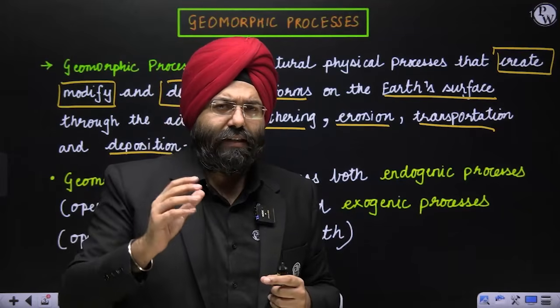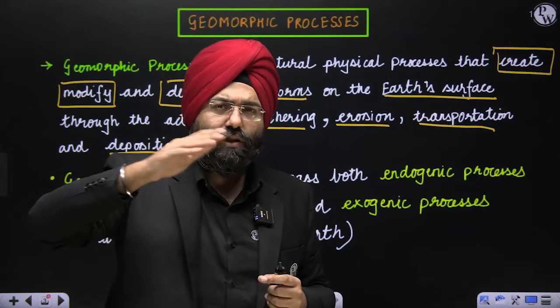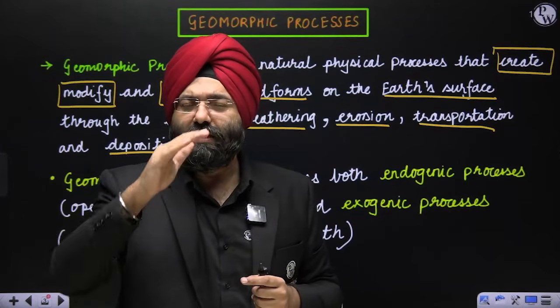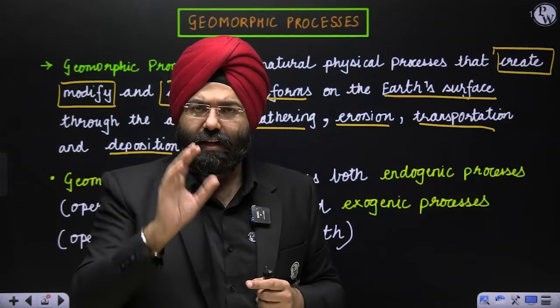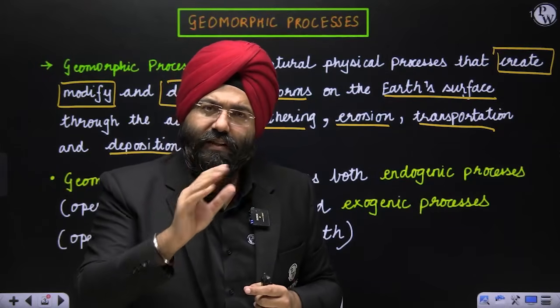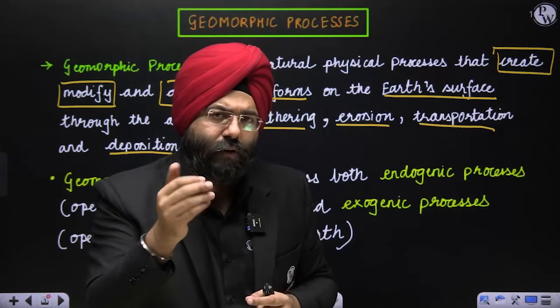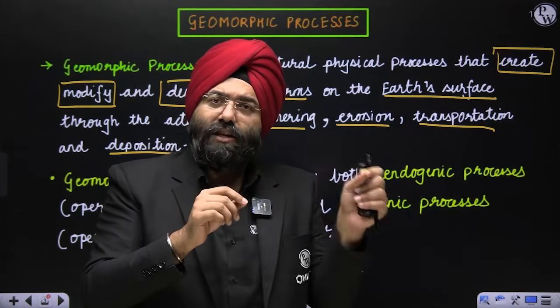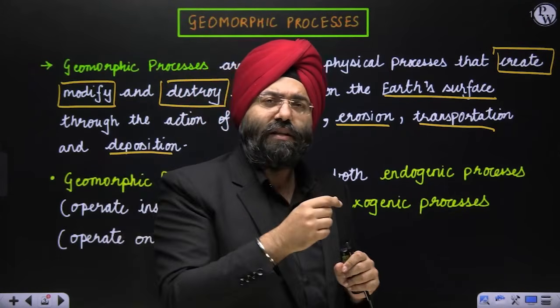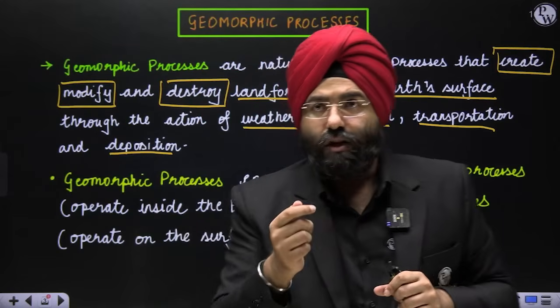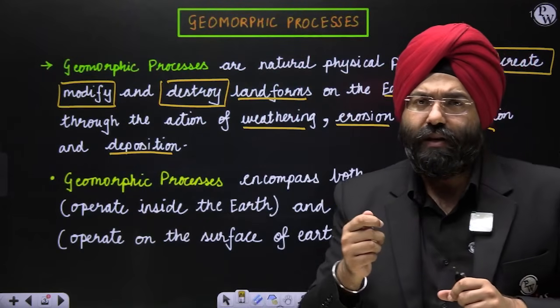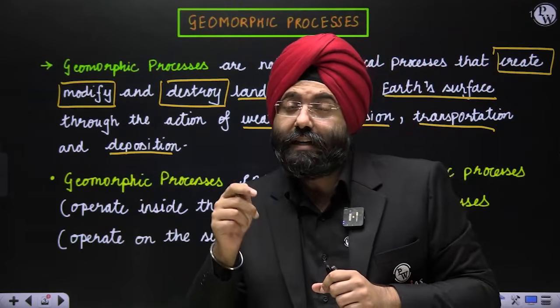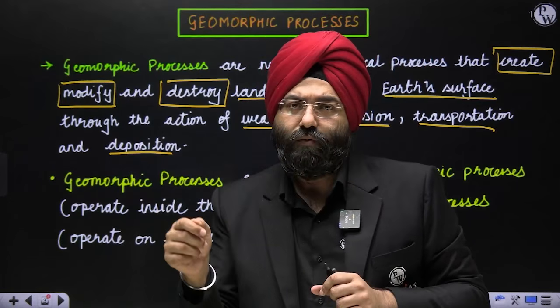Now, do you realize that these are processes that are eroding those landforms that are present on the surface of the earth? Now, these processes are in a way destroying the landform. Yes, they are destroying. But there are other processes going on, like volcanic eruptions. These volcanic eruptions are creating new land masses, landforms also.